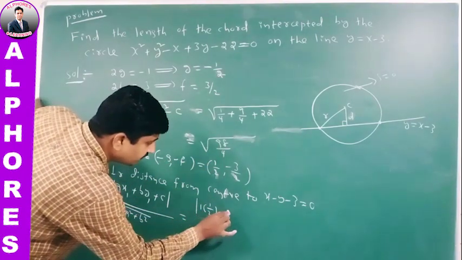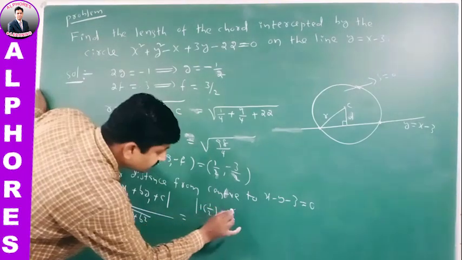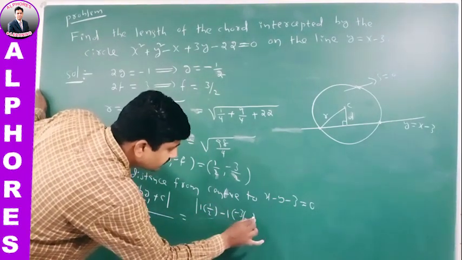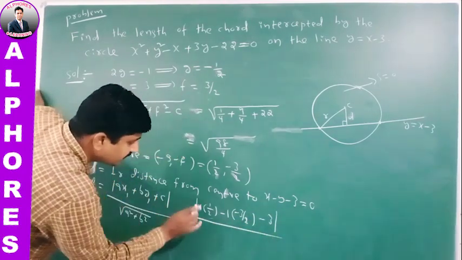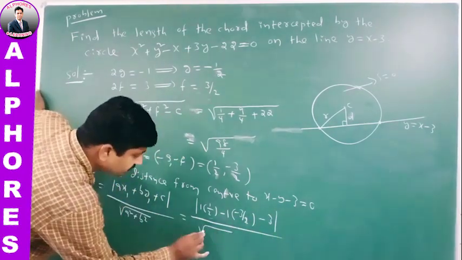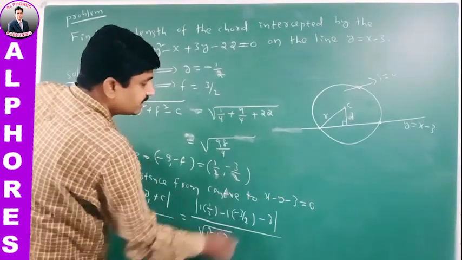Next, b equals minus 1, into minus 3 by 2, minus 3, by under root of 1 square plus 1 square. Here a equals 1, b equals minus 1.